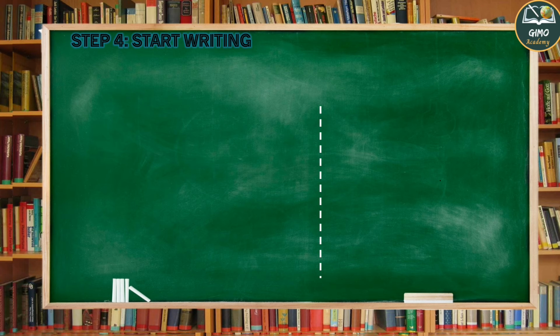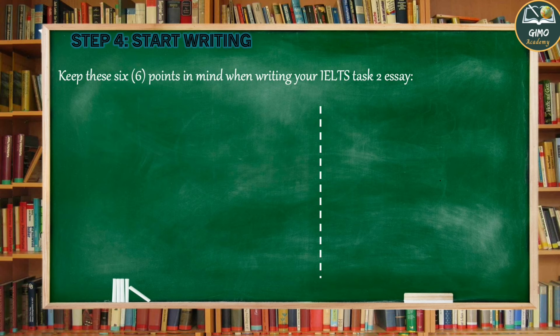When writing, you need to pay special attention to the following 6 points. Point number 1, fully and not partially address all parts of the essay task. Do you still remember that table we discussed in step number 1 in this video? I hope so.